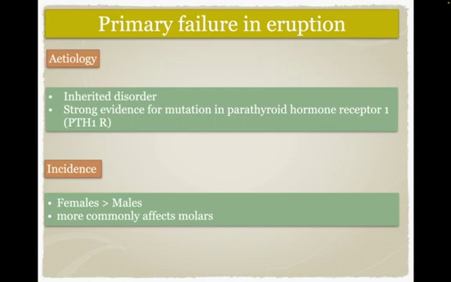Now, the etiology for failure of eruption can be an inherited disorder. There is strong evidence suggesting a mutation in the parathyroid hormone receptors, but again, it has no clear-cut etiology. As for incidence, it affects females more than males, and it more commonly affects the molars.